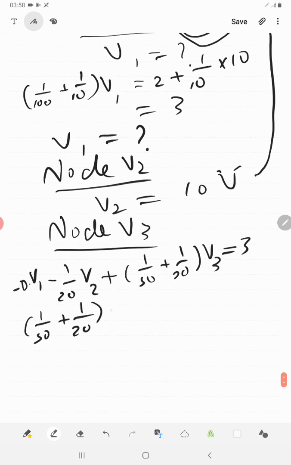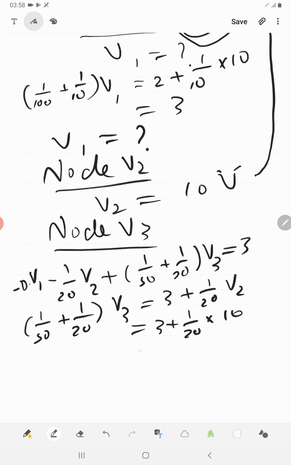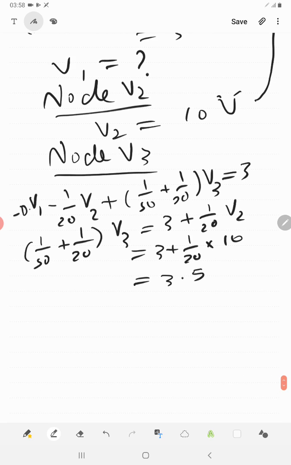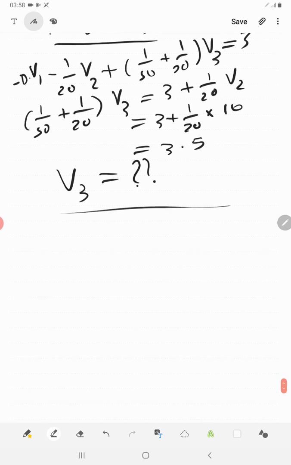Times V3 equal 3 plus 1 over 20 times V2. So equal 3 plus 1 over 20 times V2, which is 10. So it is equal 3.5. And from this, find V3 equal what? It's very simple. Let's take another example.